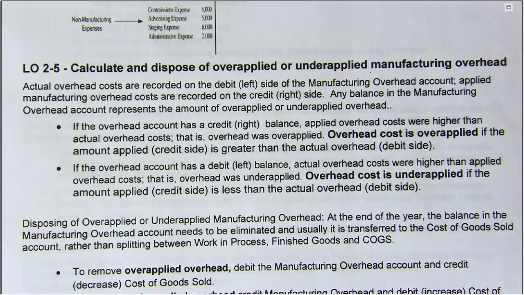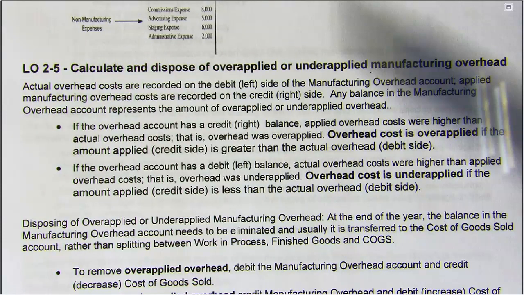And the reference point is the actual amount. In the best of all worlds, we would like to be able to accurately predict the amount of overhead and apply exactly what we should. However, remember your predetermined overhead rate is based on an estimate.